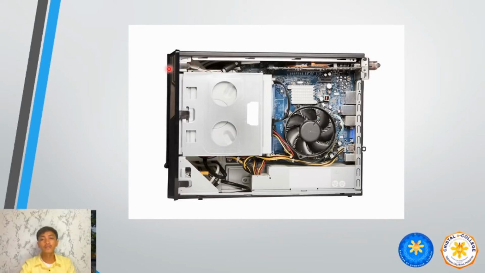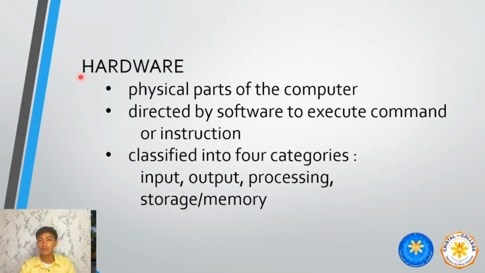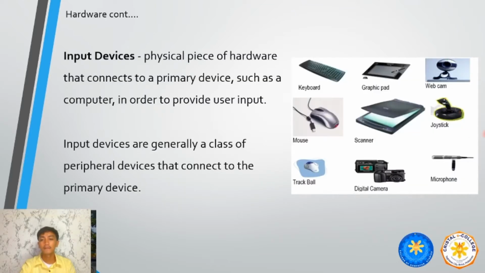First we will be talking about hardware. Hardware are physical parts of the computer, and it is directed by software to execute commands or instructions. So hardware will not work unless it is instructed using software. Hardware is also classified into four categories: input, output, processing, and storage or memory.